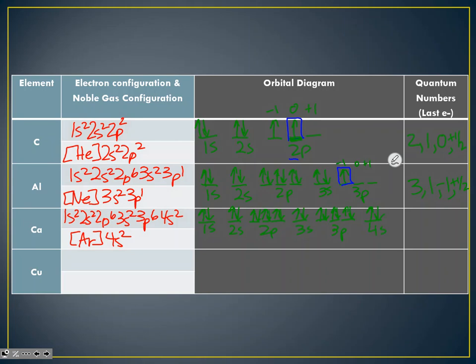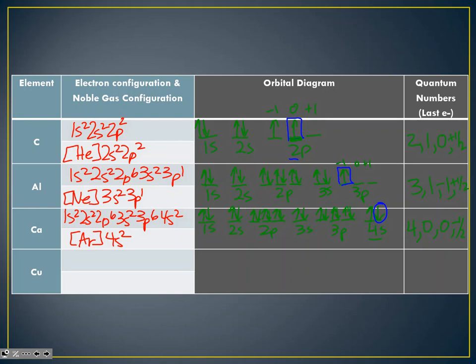Now the last electron to fill is going to be this one. So what are the quantum numbers for that particular electron? That's going to be 4. Good. Principal energy level 4. And it's in an s, so that's going to be 0. Then the s orbital orientation is always 0. And which way is it spinning? -1/2.